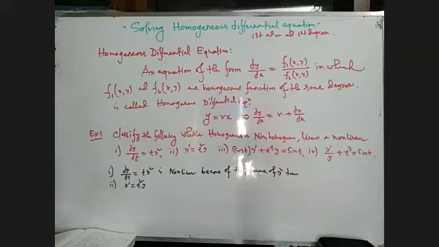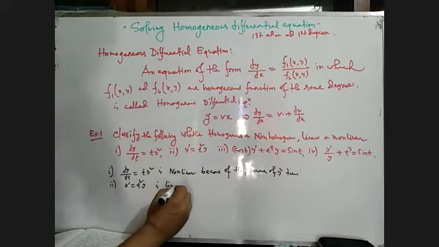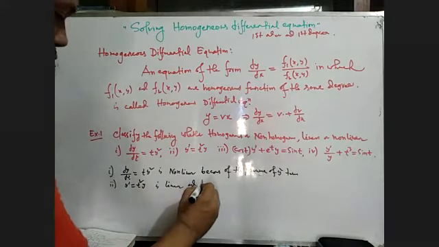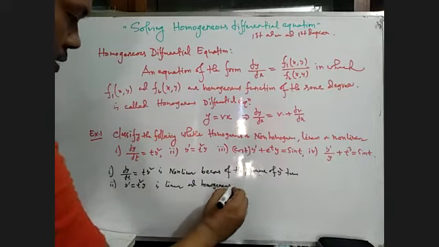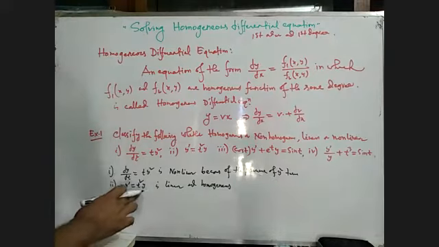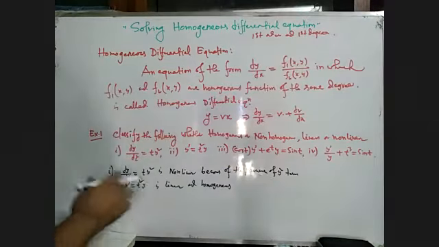Now, this differential equation has the dependent variable multiplied by t square. So this is linear and homogeneous, because of the same degree. There are two types of function, f1 and f2, and both will be of the same degree 1.